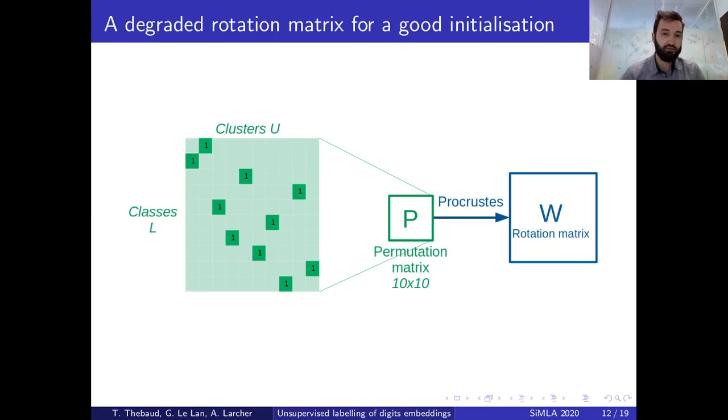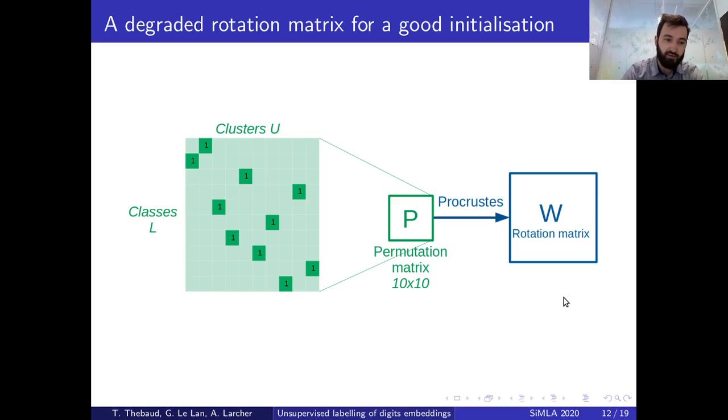To do it, we use a degraded rotation matrix equivalent. For any given permutation, a permutation that establishes the link between the clusters of U and the classes of L, we computed, using Procrustes and the centers of the clusters of U and the clusters of L, a rotation matrix.